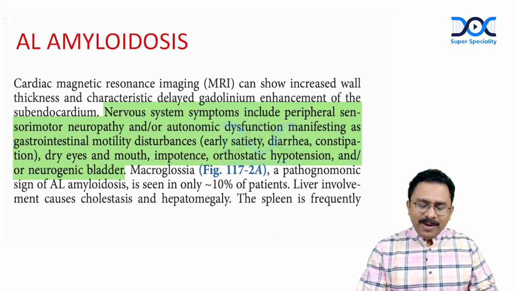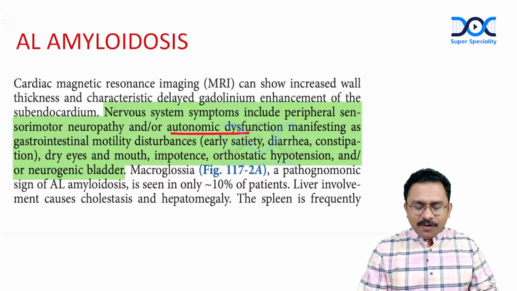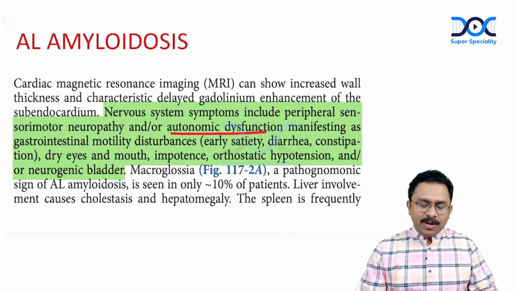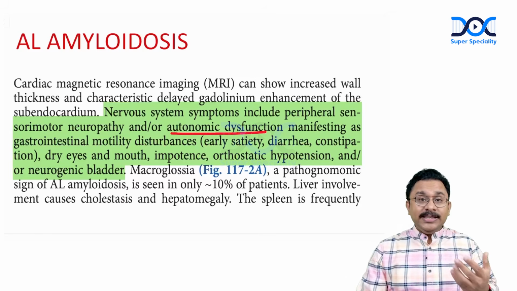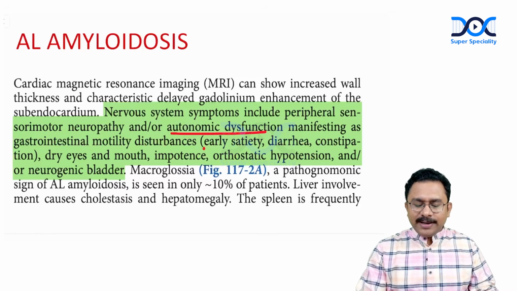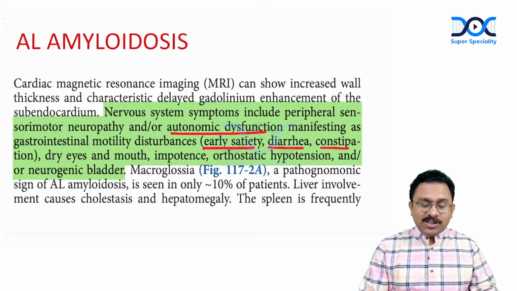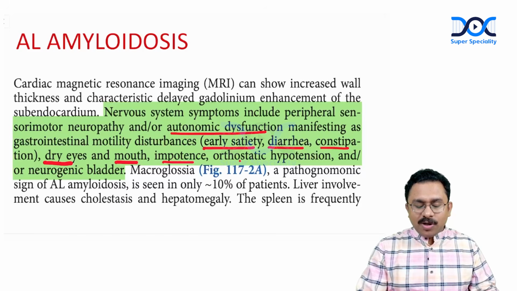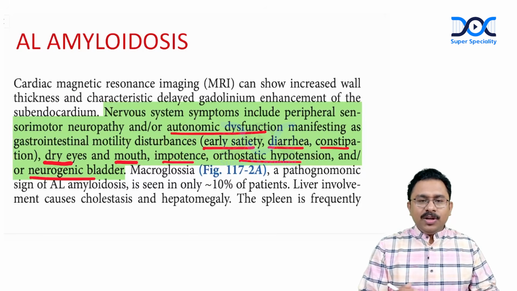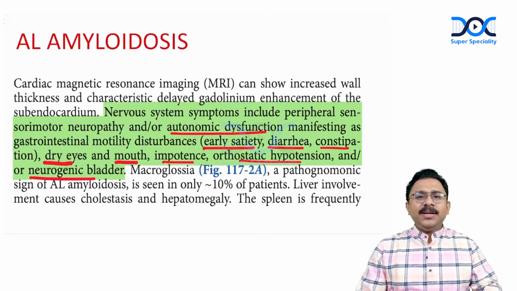So patients will have significant features of autonomic dysfunction which can manifest as GI motility disorders like early satiety, diarrhea, or sometimes constipation, dry eyes, dry mouth, impotence, orthostatic hypotension, neurogenic bladder. But there is no reference to any autonomic manifestations here.